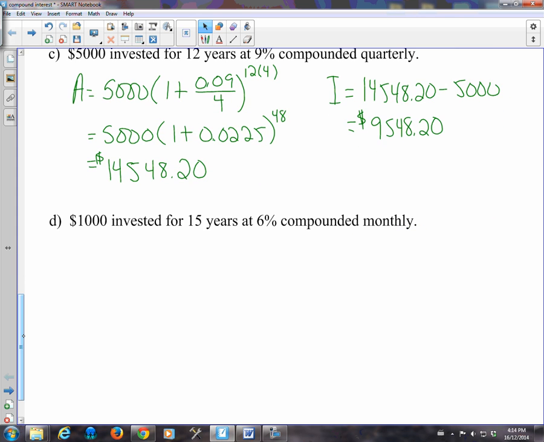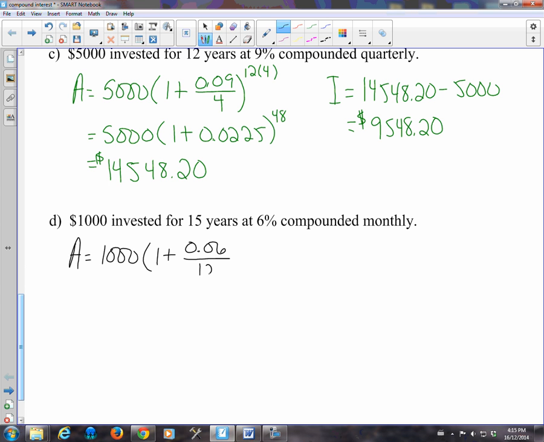Last one. The future amount is the principal times 1 plus the interest rate divided by 12, because monthly is 12 times a year, for 15 years times 12 times each year. 0.06 divided by 12, 0.005 to the exponent 180.